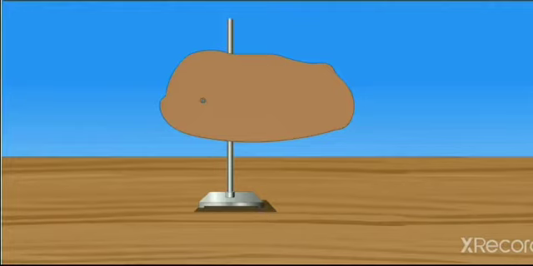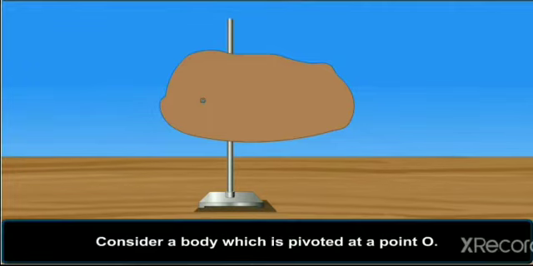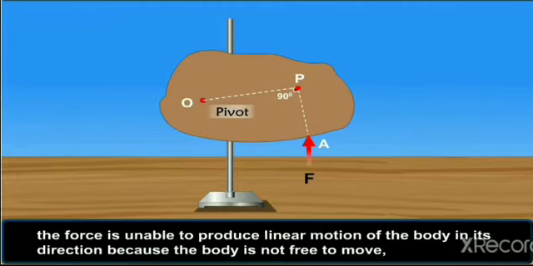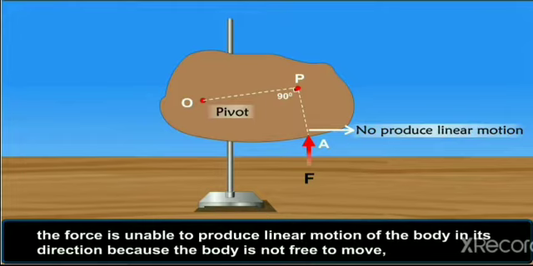Moment, that is, turning effect of a force or torque. Consider a body which is pivoted at a point O. If a force F is applied horizontally on the body with its line of action in the direction AP as shown in figure, the force is unable to produce linear motion of the body in its direction because the body is not free to move.